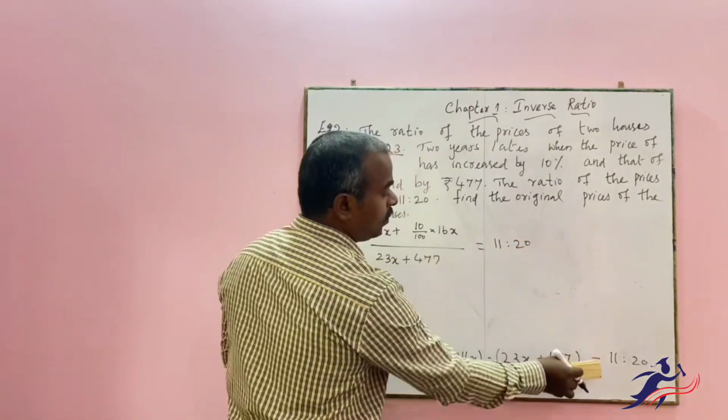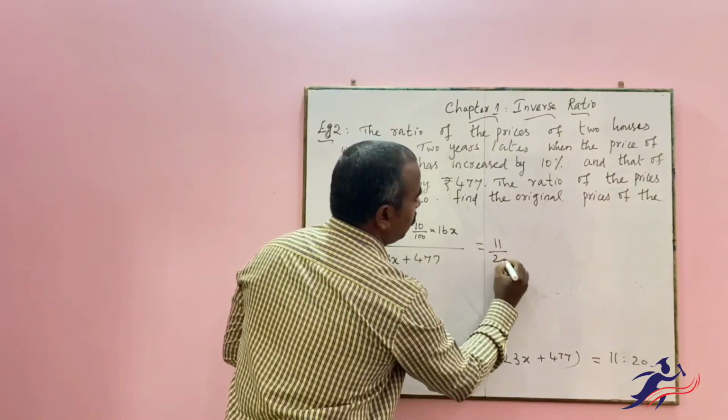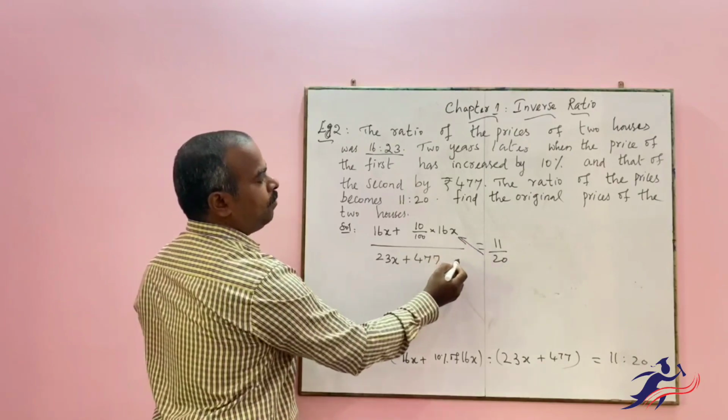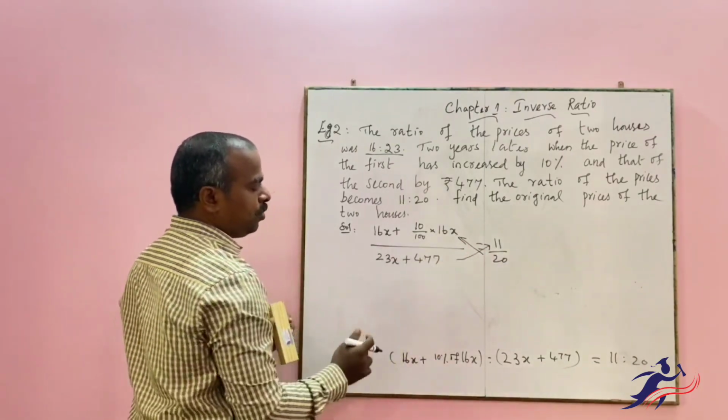That is, we can write 11:20 as 11 by 20. Now you can cross multiply. So each term is multiplied by 20.